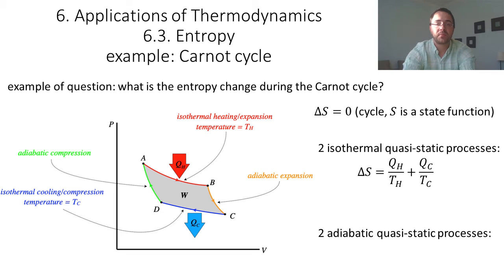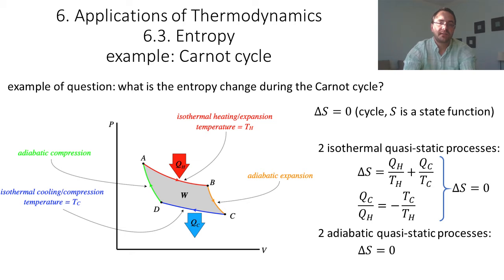Now the isothermal expansion has a positive delta S because QH is positive, and the isothermal compression will have a negative delta S because QC is negative. And in fact, we have seen that QC over QH is equal to minus T cold over T hot. And so combining these results, you see that delta S is equal to 0.